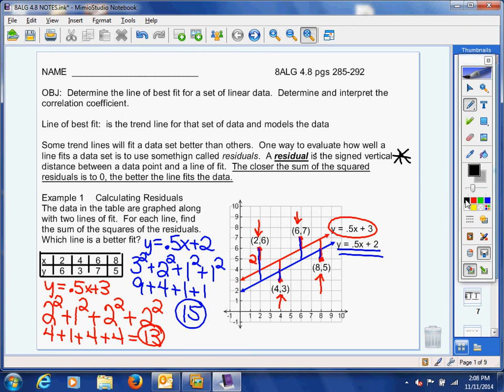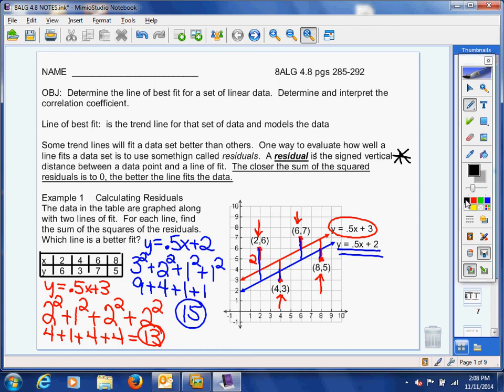Now we're ready to make the determination. Which line's the better fit? The way you do that is you look at the number. The smaller number, or the number closer to 0, is the line of best fit.